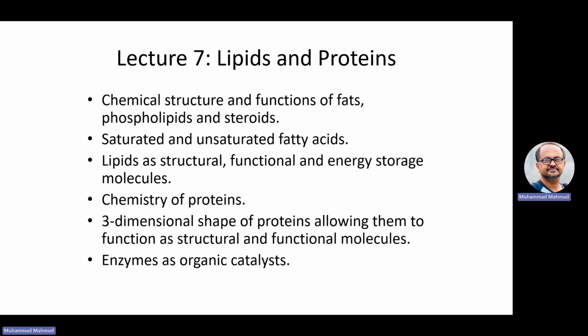Then, in the second part, it will be the protein chemistry, three-dimensional shape of proteins, allowing them to function as structural and functional molecules, and at the end, enzymes as organic catalysts.